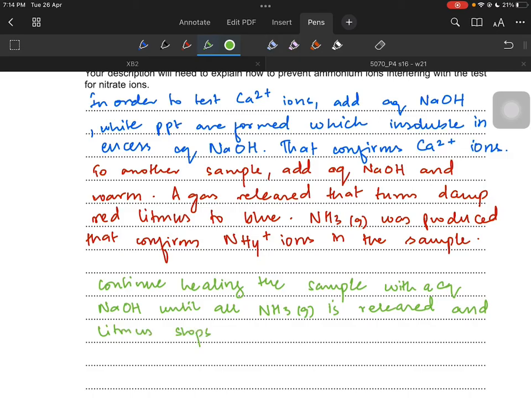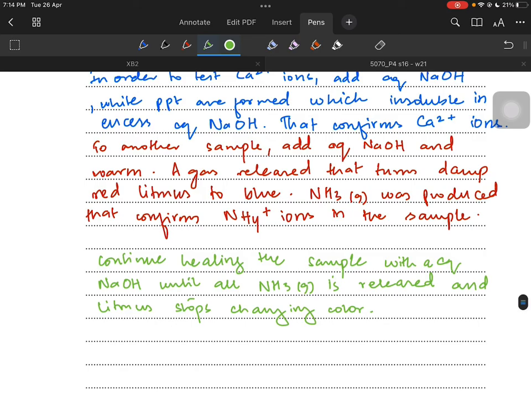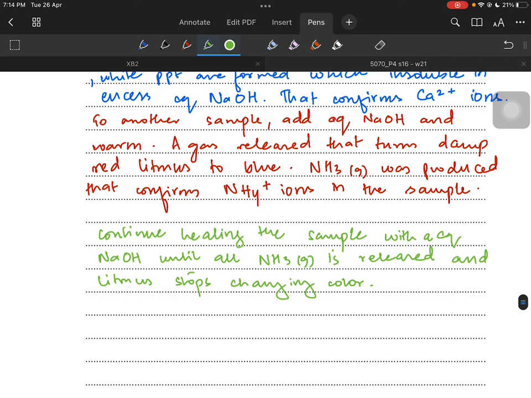So no more color changes seen. All the ammonium ions are used up, all the ammonia gas is released. So we can say until all the ammonia is released and the litmus paper stops changing color. Then add aluminium foil in the same sample and warm.